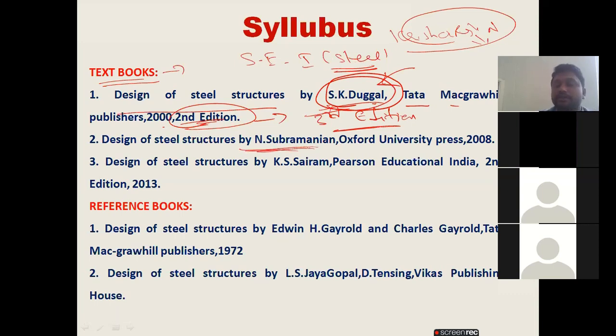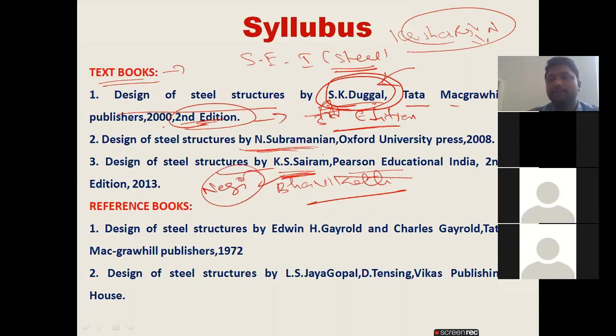This textbook is also very good, but at a student level, I prefer S.K. Duggal, as well as there is Bhavikatti. The Bhavikatti textbook is clear cut. They give direct solutions and also related diagrams. Next, Design of Steel Structures by K.S. Sairam. Okay, this is Pearson Education India. And most probably, when you people need in-depth knowledge or an advanced level of study, there is a textbook called Negi.